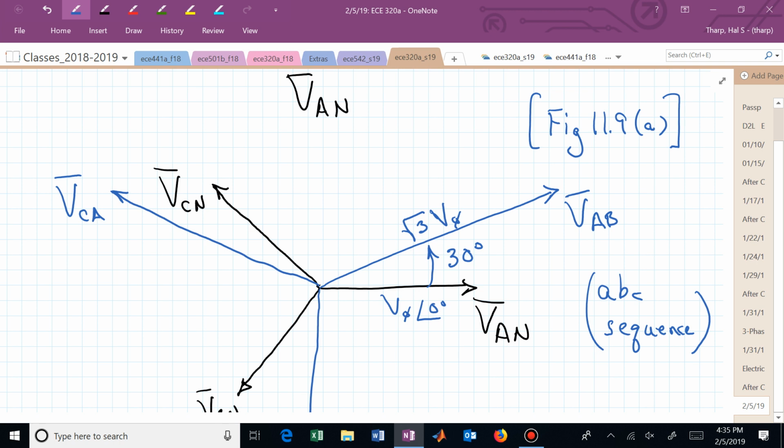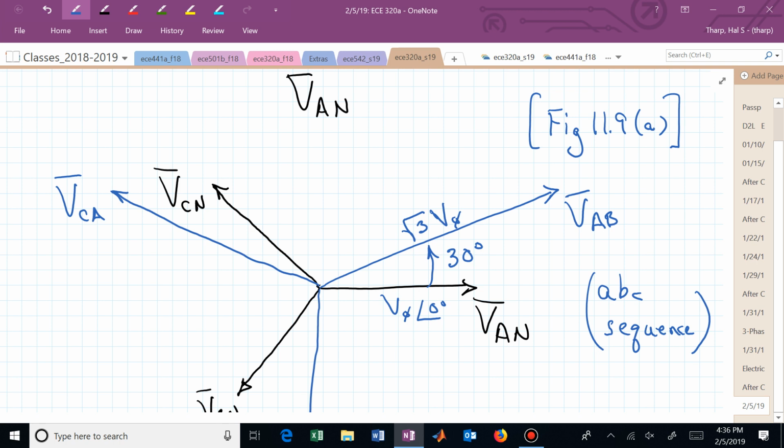I wouldn't try to get too hung up on why it is called positive, but you do need to know that for a positive phase sequence, this is the relationship between your phase voltage and your line voltage. So if somebody gave you the phase voltage, you could immediately find the line voltage by this square root of 3, 30-degree relationship.